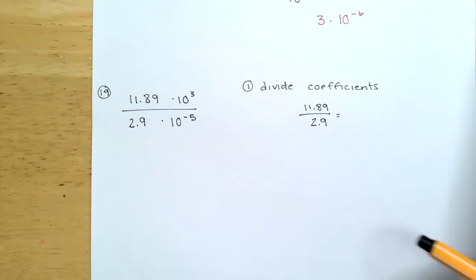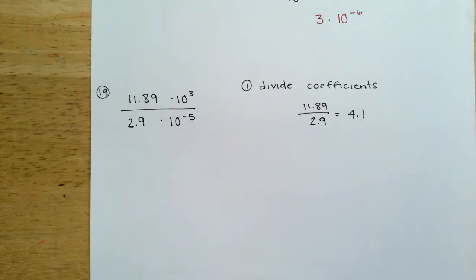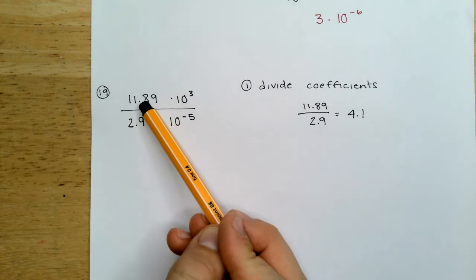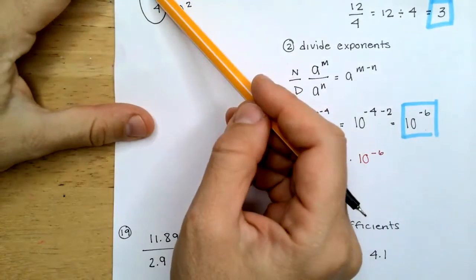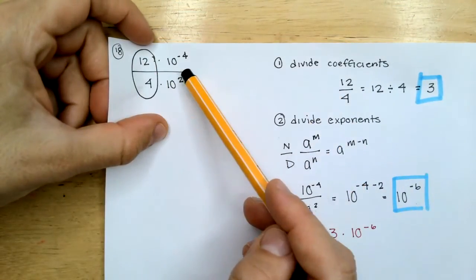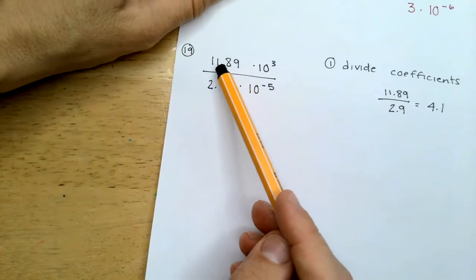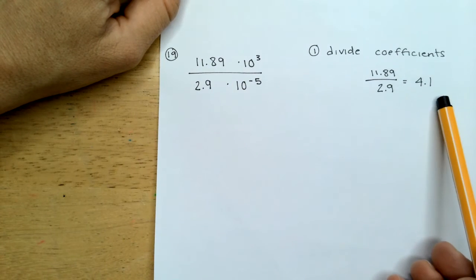You get 4.1. Good. It's okay that that wasn't already in perfect scientific notation, just like the 12 wasn't. 12 divided by 4 was still 3, so we didn't need to change it to something else. Okay. Here we did 11.89 divided by 2.9. 11.89 divided by 2.9 is 4.1.